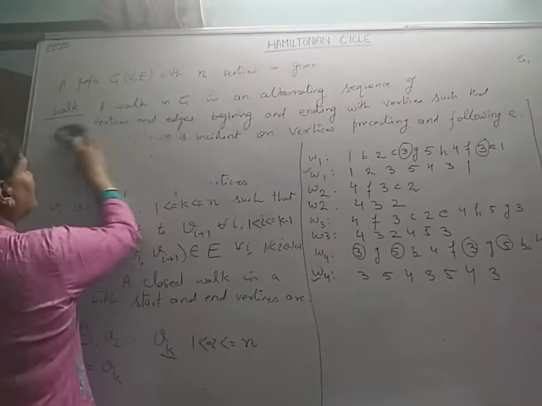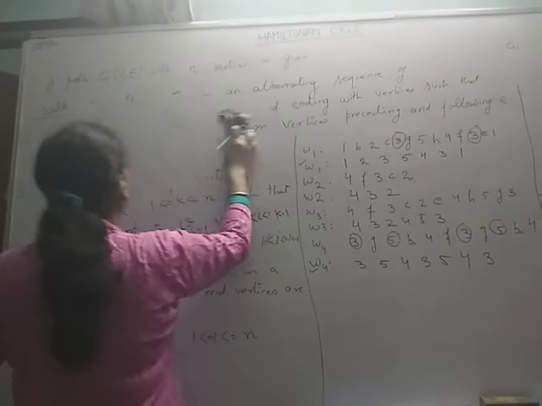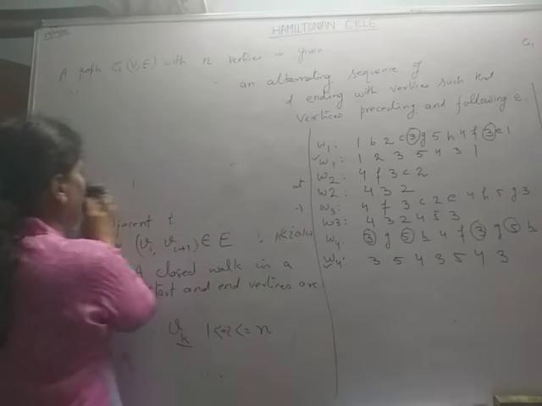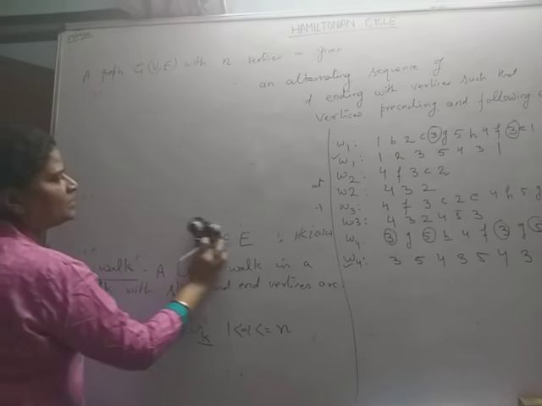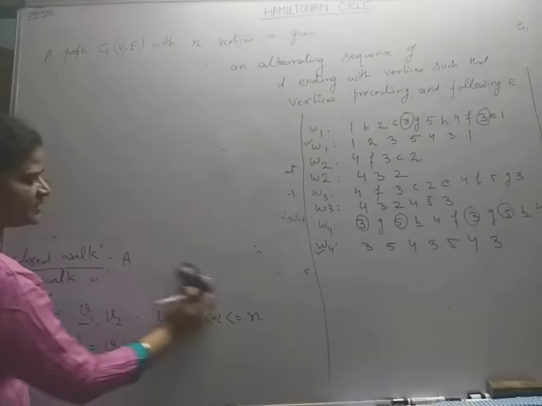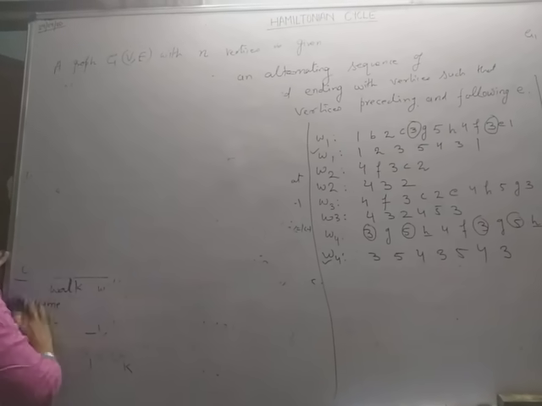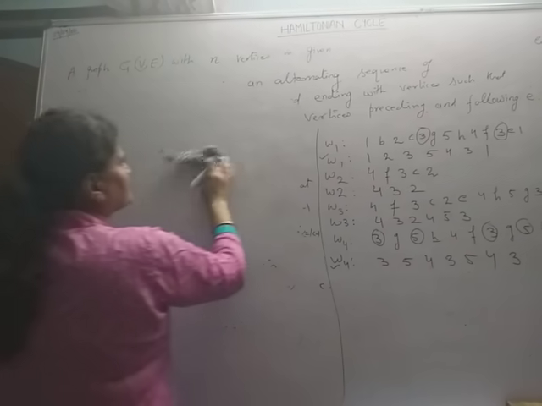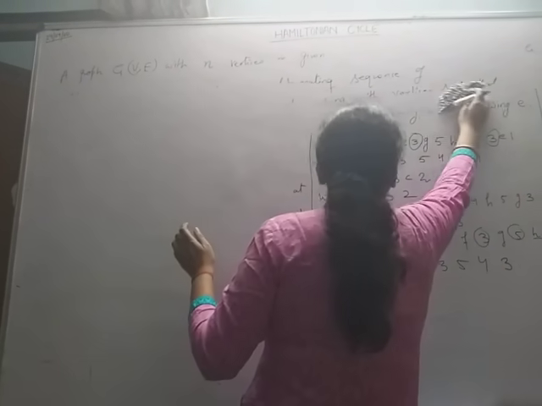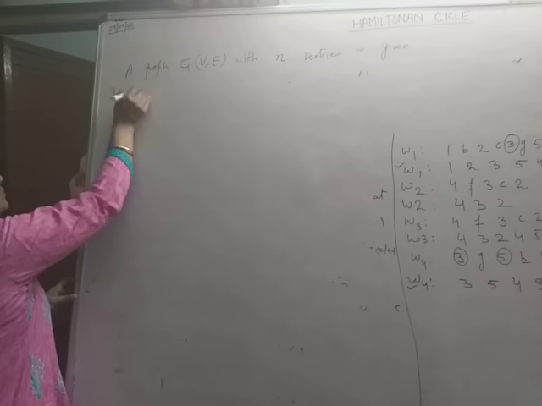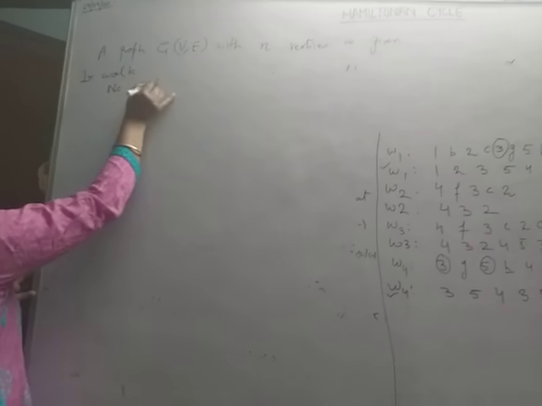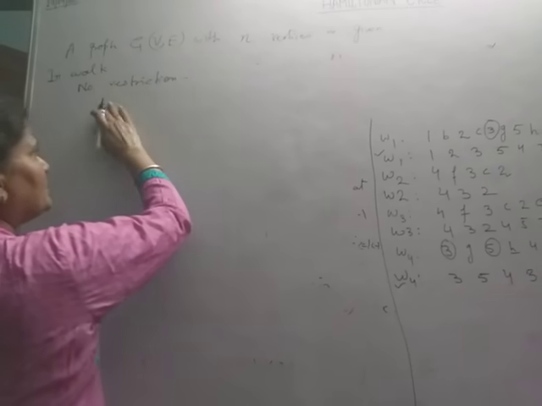Okay, so carefully note down, in the walk there is no restriction. Edge can be repeated and vertex can also be repeated. Okay, so walk, no restriction. What is the meaning of no restriction?